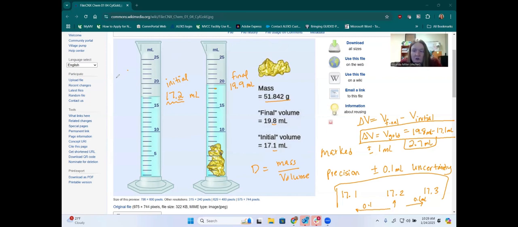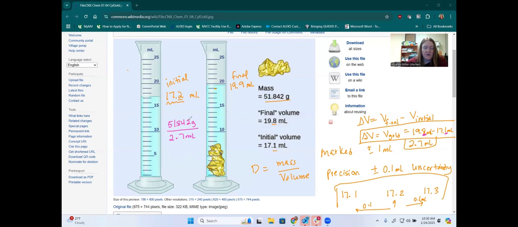You want to make sure to review the significant figure rules in chapter 1 if those are new to you. But for this example, 51.842 grams in the numerator, and the denominator is 2.7 milliliters. By the way, when we're subtracting and adding, the place value needs to be what dictates your significant figures. Both of our readings go to a 10th place, so I'm making sure that my answer also goes to a 10th place.